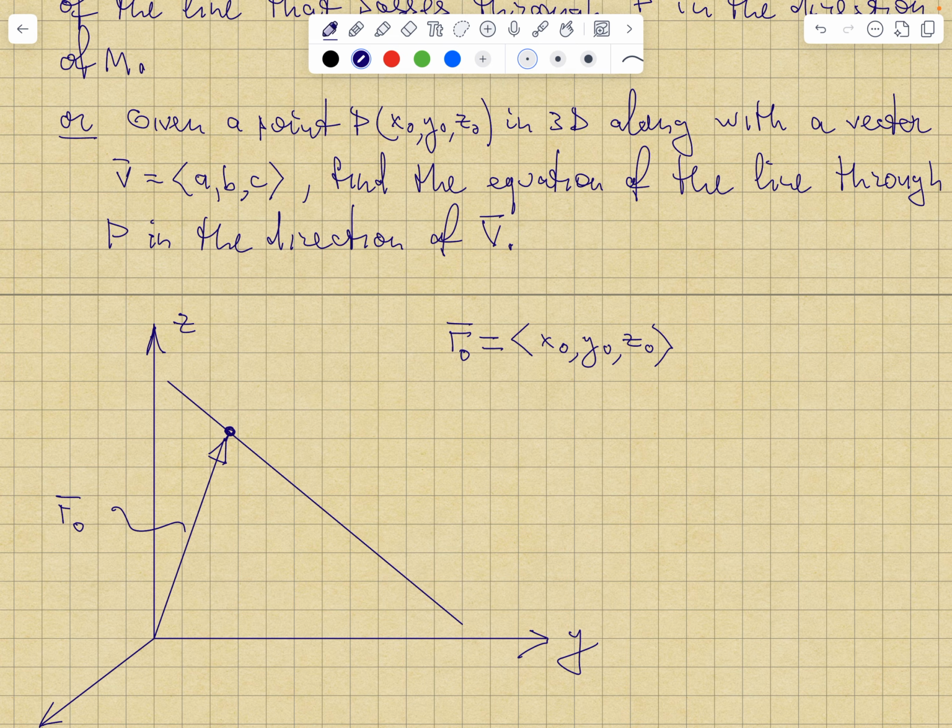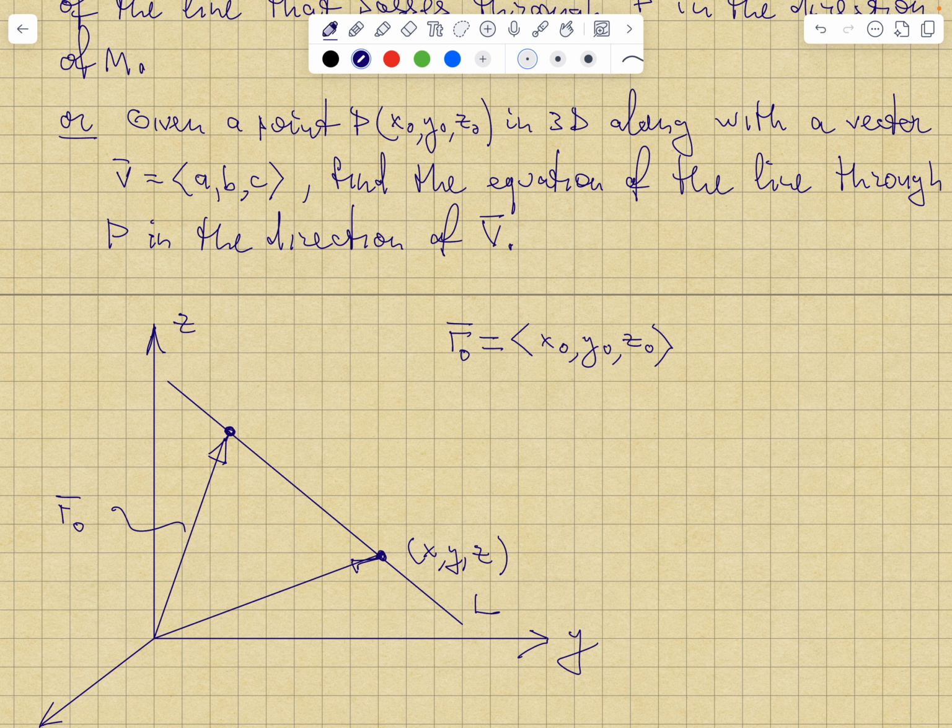Likewise, I can pick another point on the line L, and this would be a generic point with coordinates x, y, and z.